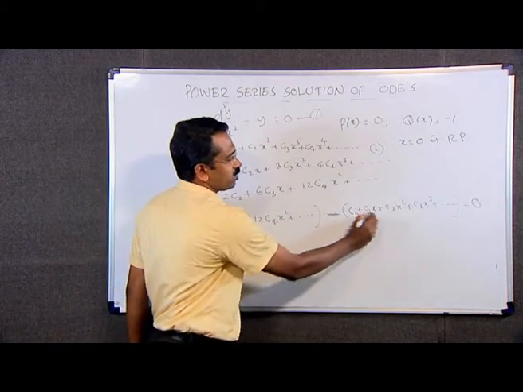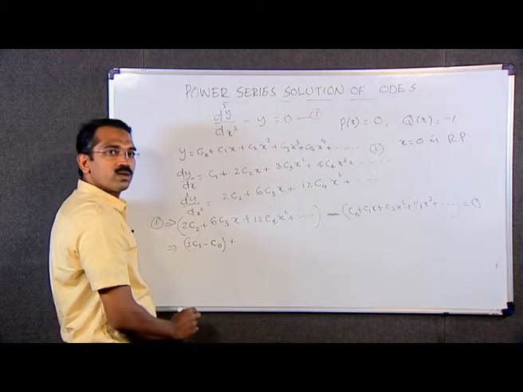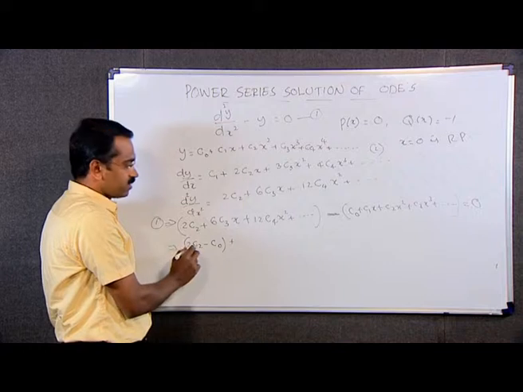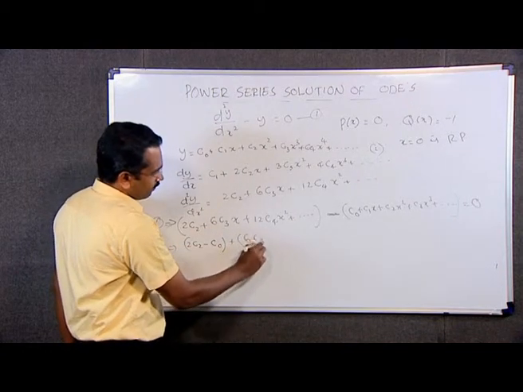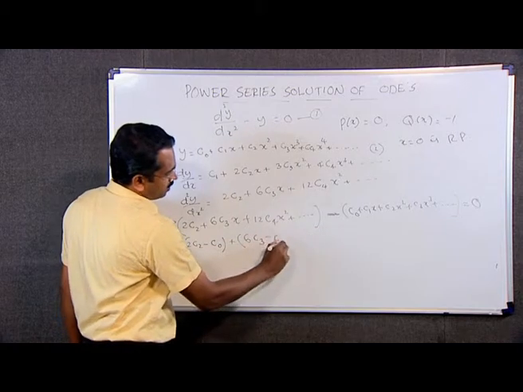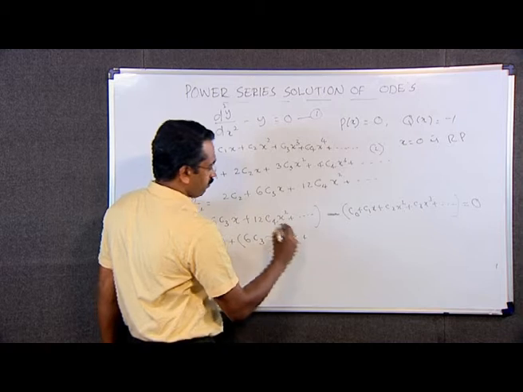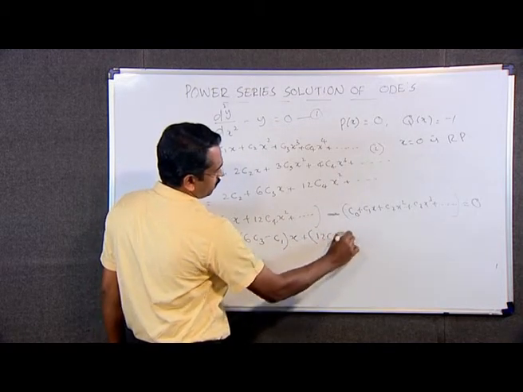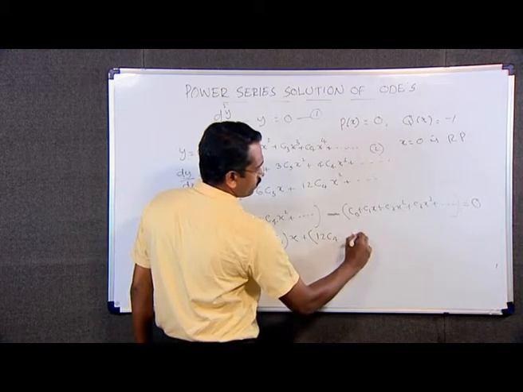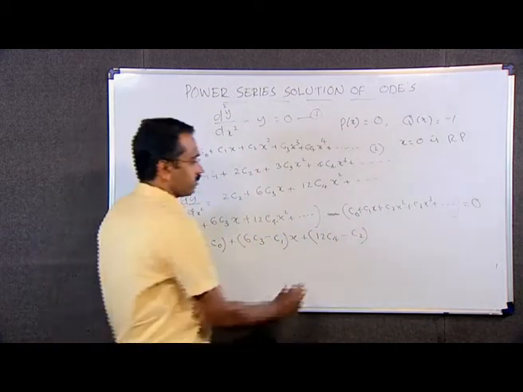In this term the coefficient is c1, therefore we can combine the coefficient of x as 6c3 minus c1 into x. Similarly, for x square, here 12c4 minus c2 into x square plus etc.